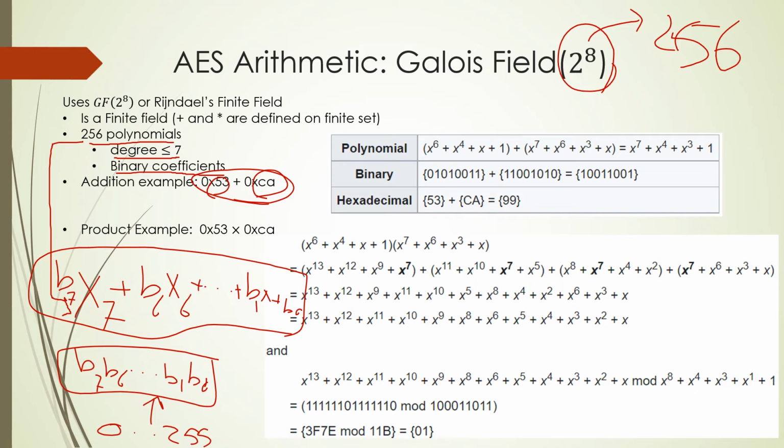When you add them, it's like adding these two polynomials. When you do the addition, for example, the x will be eliminated, because x plus x is equal to 2x, but the coefficients have to be binary. We don't have the number 2 in binary, so 2 will be truncated and it becomes 0, because 2 in binary is 1 0, and when you truncate it, you just get rid of the 1. The coefficient of x becomes 0, so x plus x will give you no x.